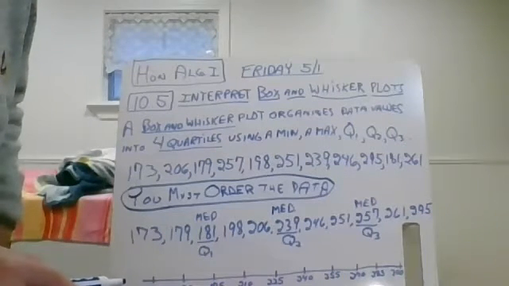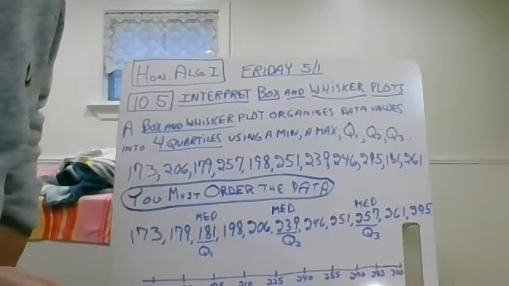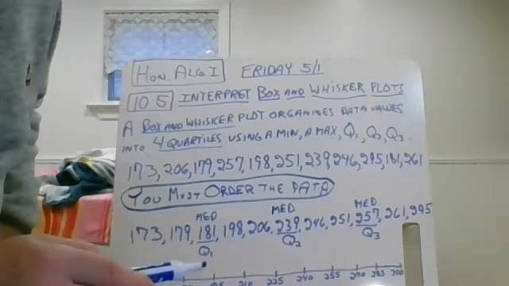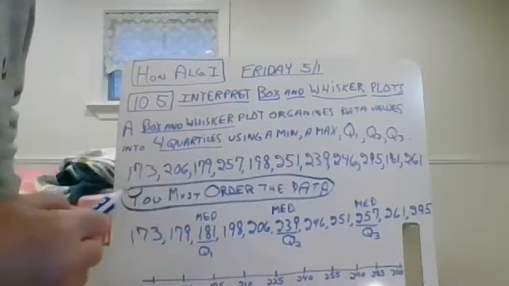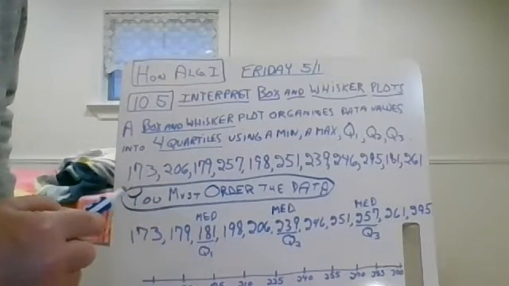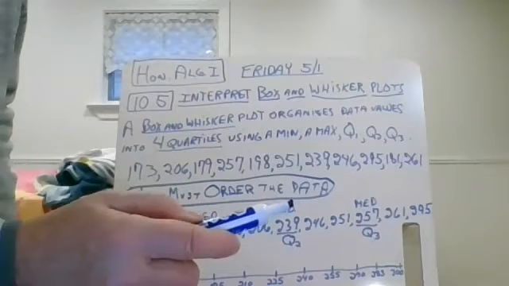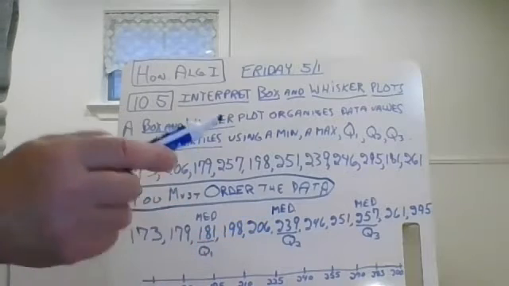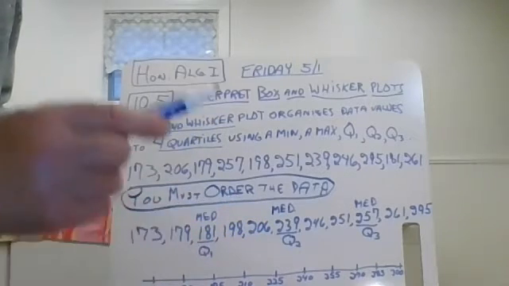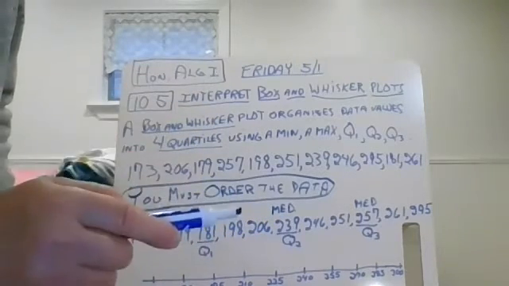Anybody? Can you guys hear me? The sixth one. There would be 5 to the left of 6 and 5 to the right of 6. So the sixth one is the exact median.